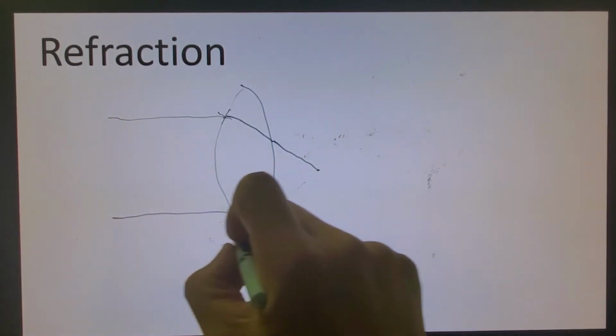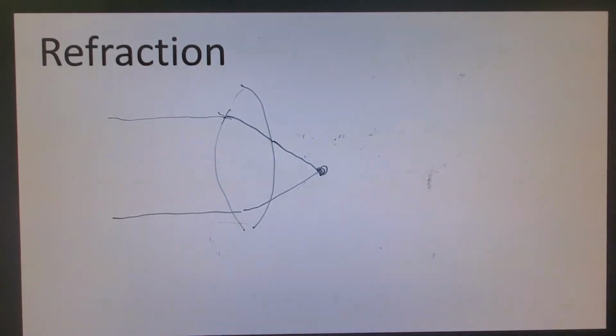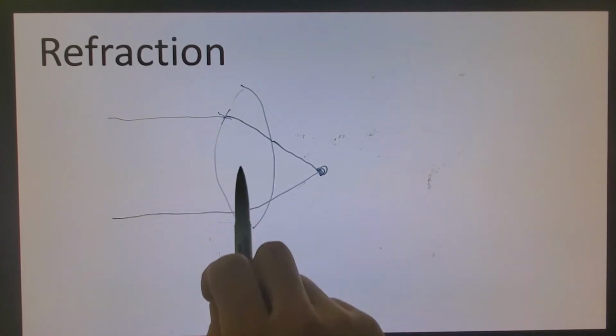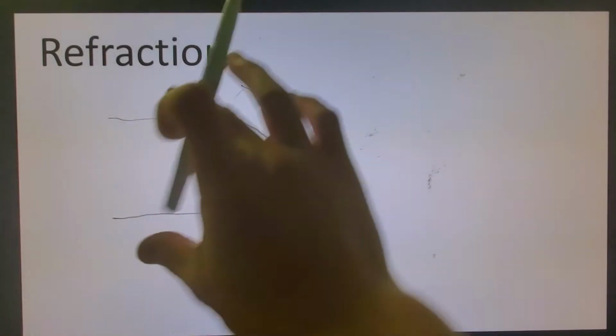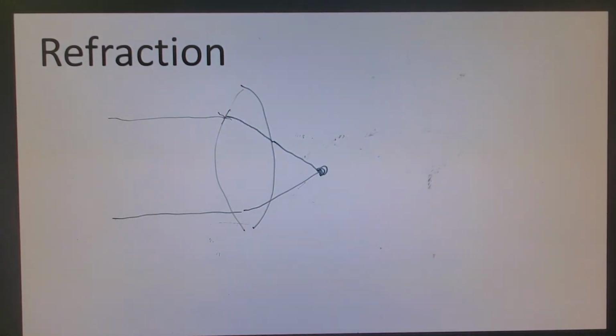So that means it can focus the light to a spot. When you were a little kid, maybe you played with a magnifying lens. That means we can gather all the light to focus on one point. Sometimes we can light up a match.